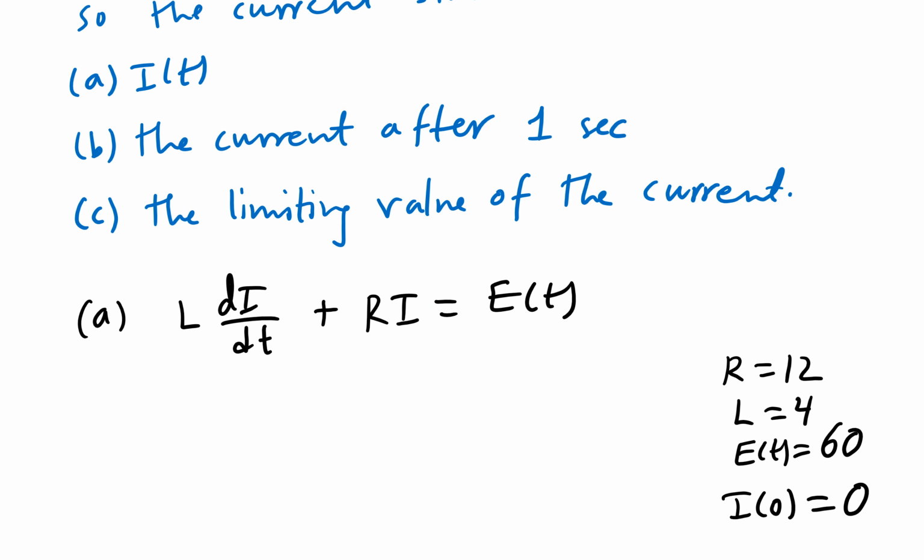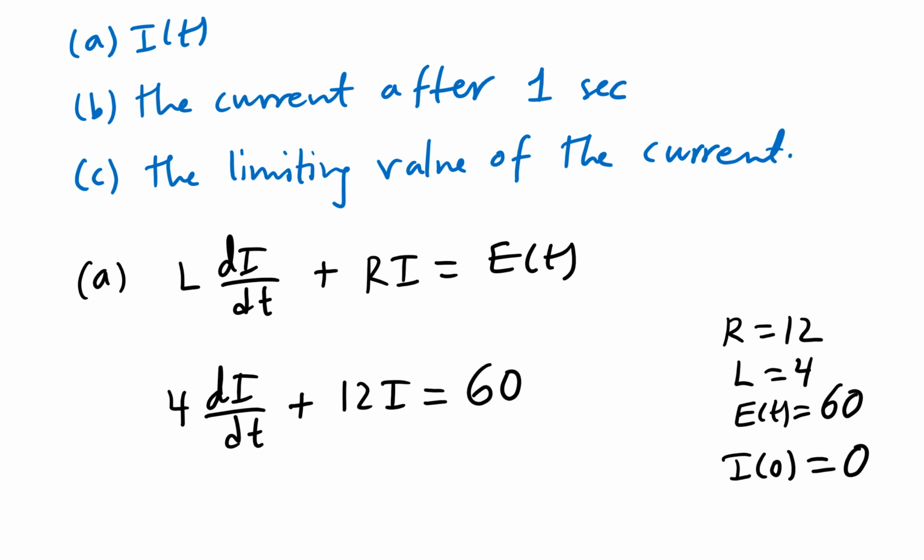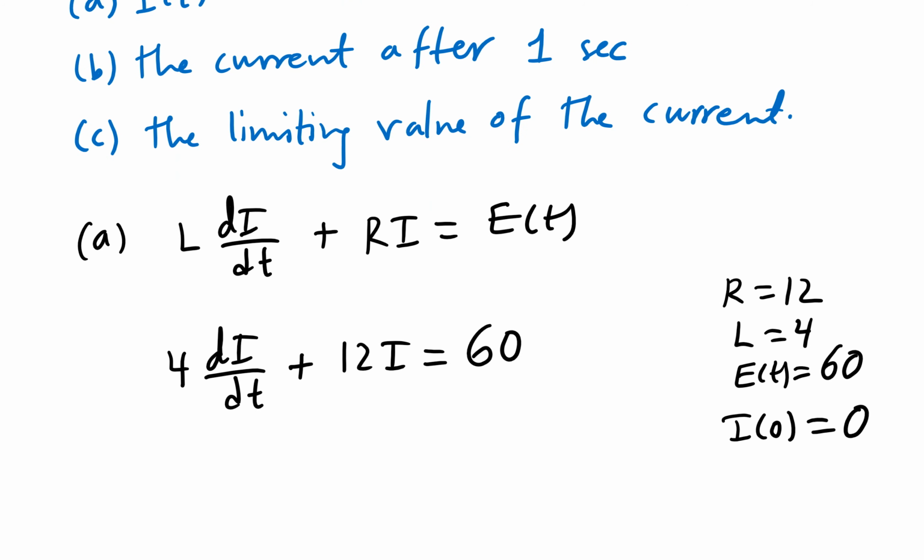Let's substitute the numbers in. So this becomes 4 di/dt plus 12I equals 60. Then you could divide everything by 4. So di/dt plus 3I equals 15.